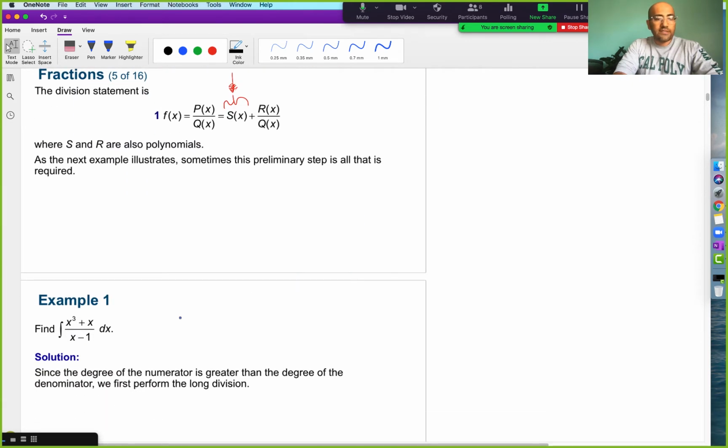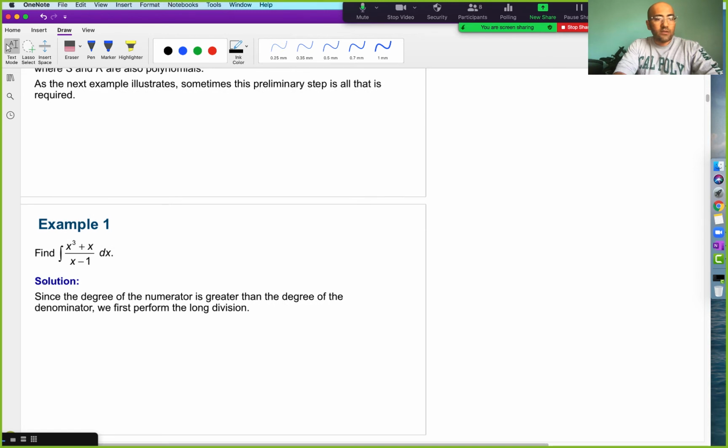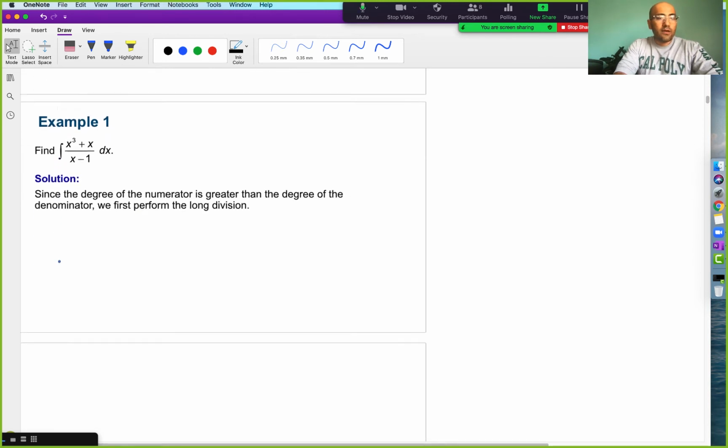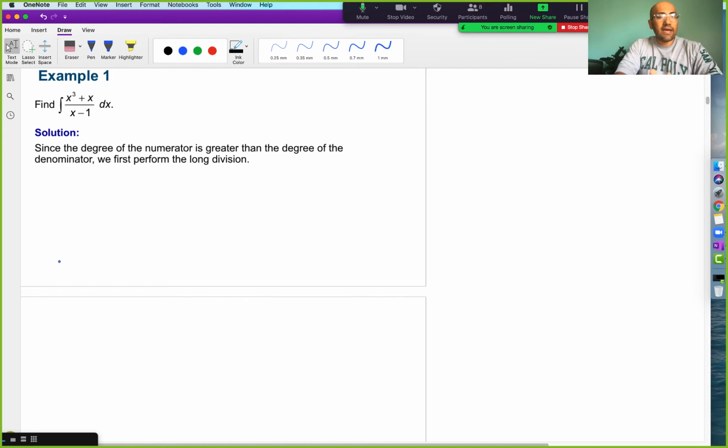Okay, so here's our first example. Let's say we are asked to deal with this integral: the integral of x to the third power plus x, all of it divided by x minus 1. Notice that this is an example where we have an improper rational function. The degree of the numerator is larger than the degree of the denominator.